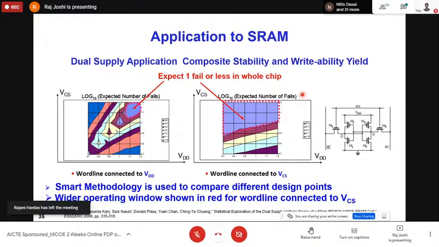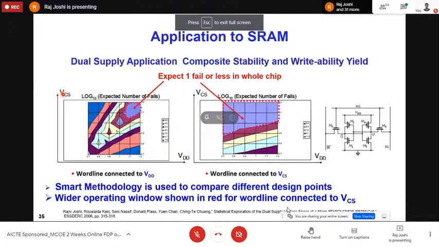When we took this method and applied it to memory, we found that if you take two supply voltages for memories, VCS and VDD, which are different, one is for the cell and one is for the logic of the memory side, the peripheral logic. Here the word line is connected to VDD. If you just connect to VDD, you get a very small region of success or operation.